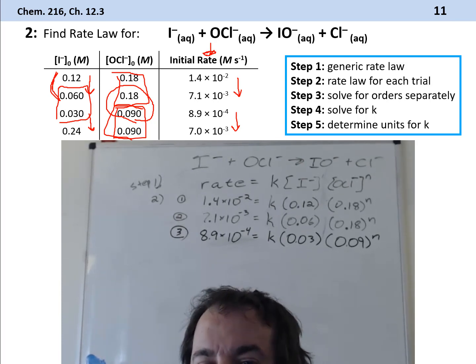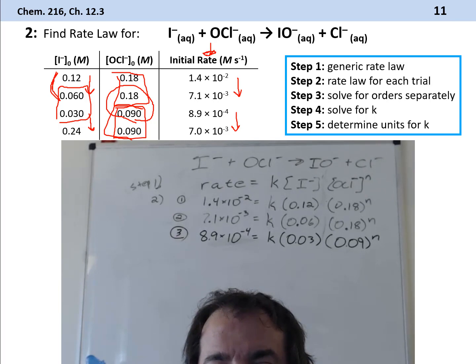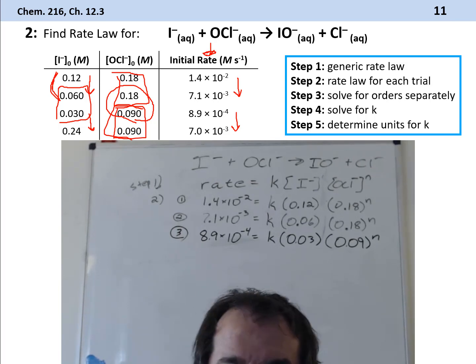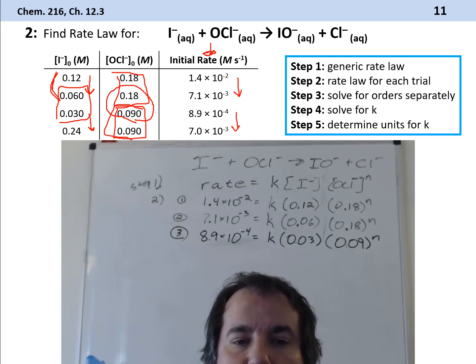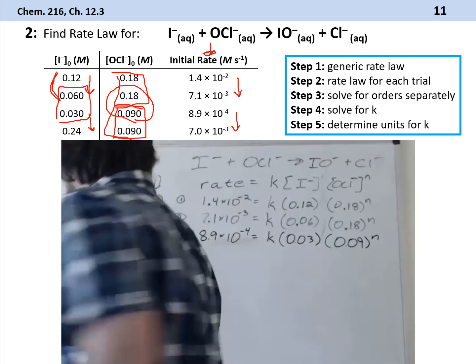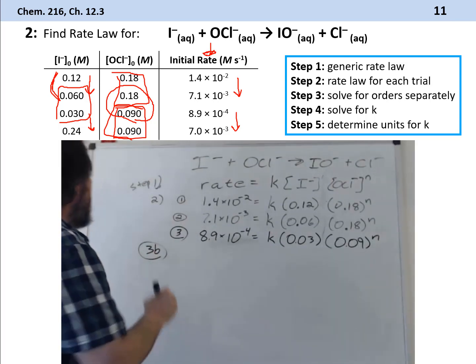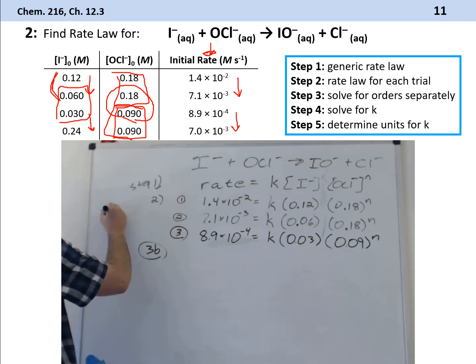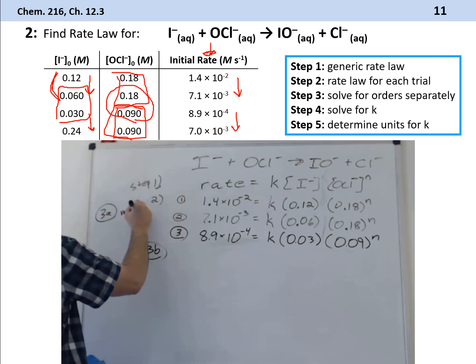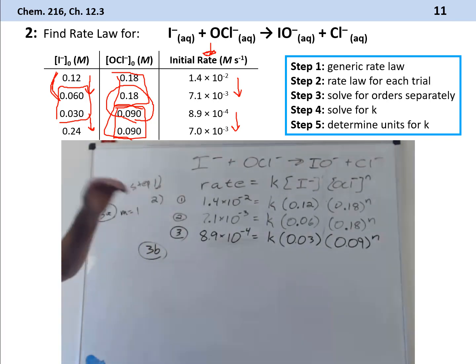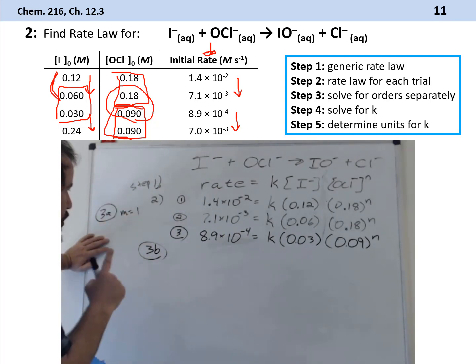So I can figure this out. So I just need something where the OCl minus changes. So I could do 2 and 3. I could use 2 and 4. I could use 1 and 3 or 1 and 4. I'm going to use 2 and 3. Okay. All right. So I'm going to call this 3b. Right. 3a. We found out that m is equal to 1. All right. So now we're going to try to find n. And so I'm going to use 3 and 2.